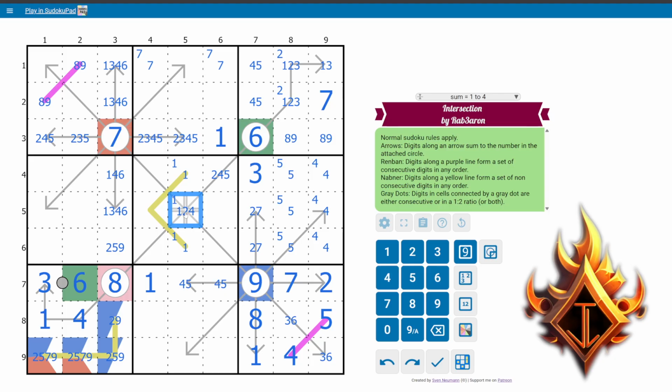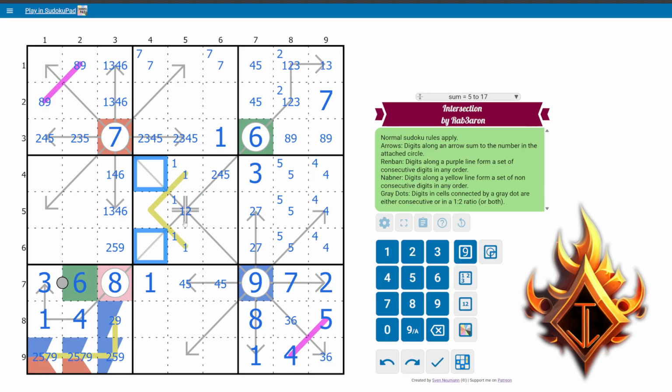This cannot be 4, because then that would have to be 4. Now it is a 1 or a 2. If it was 2, 7, 4, 5, 6. That may be alright. 1 would be 5, 8, 7, 6.